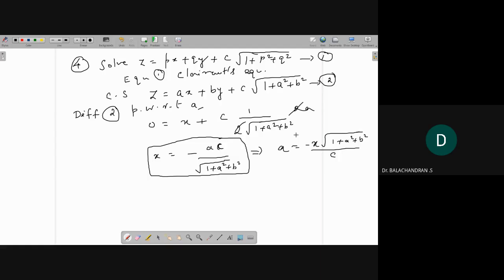Okay, you keep as it is. Now differentiate equation 2 partially with respect to b.